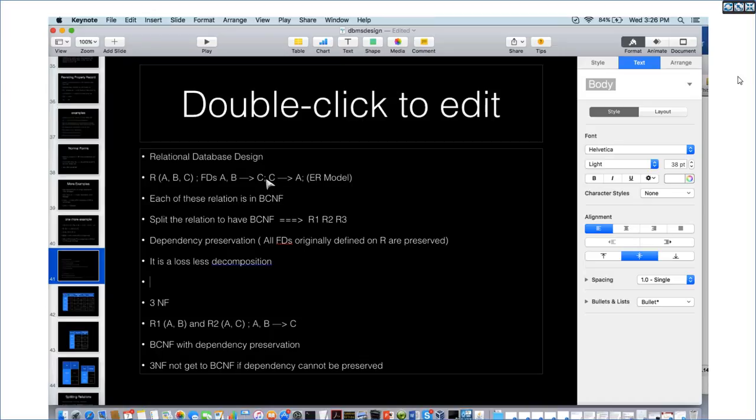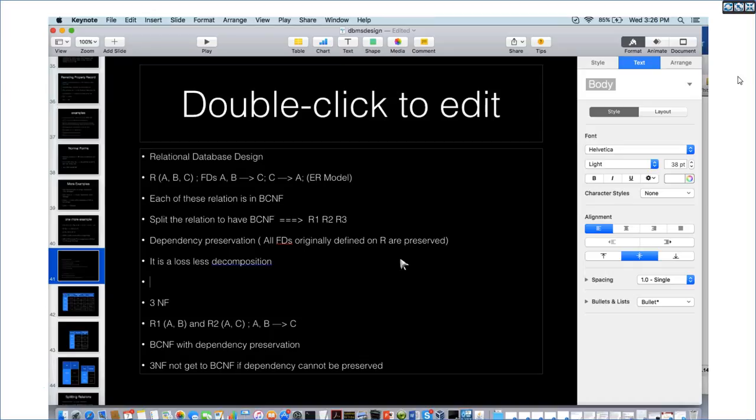That's when the 3NF comes into the picture. 3NF with dependency preservation is what we're going to do. In the next class, we're going to expand on this, and the transitive dependencies are going to be brought in at that next level.